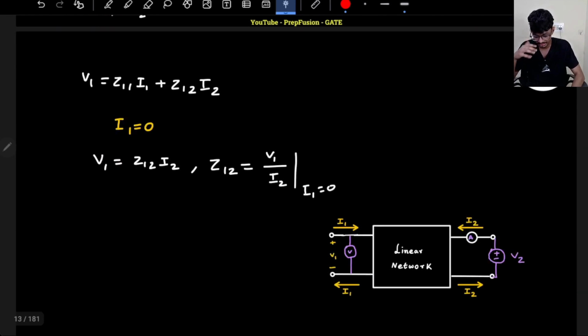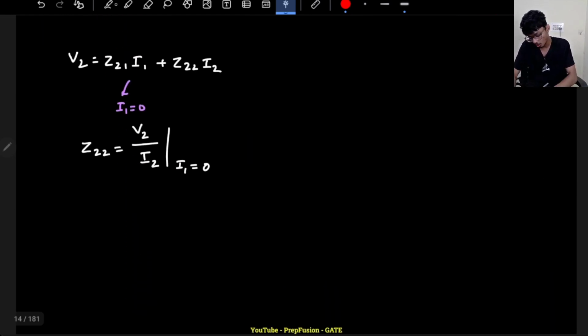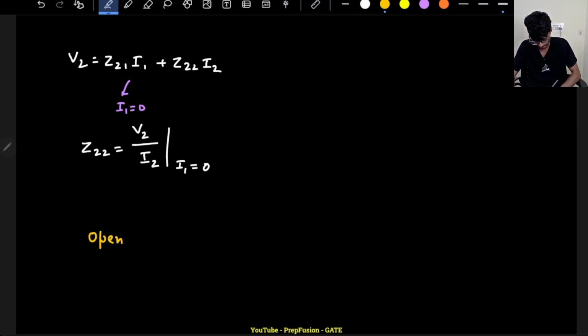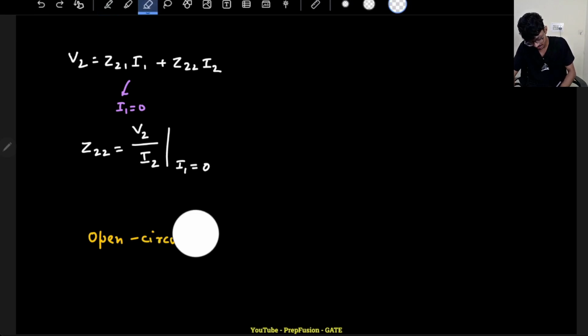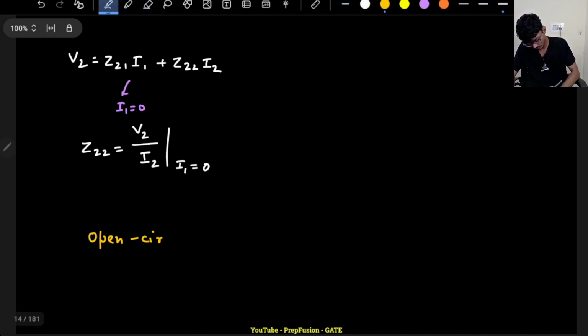These are also called open circuit parameters. Why are these called impedance parameters? Because their units are ohms. Now why are these called open circuit parameters?